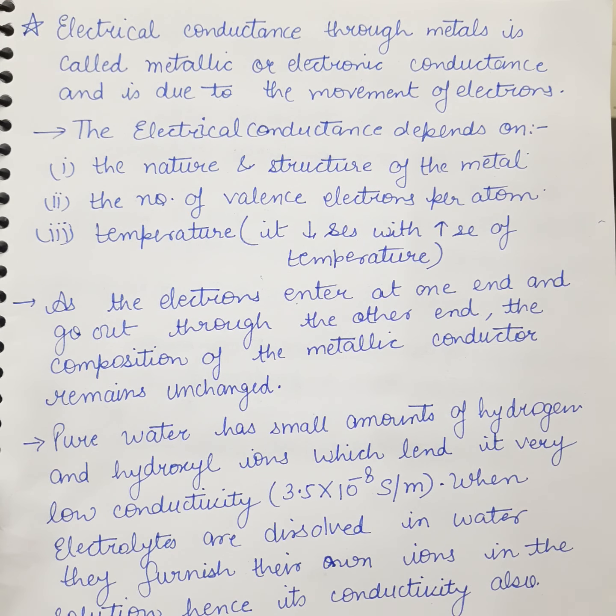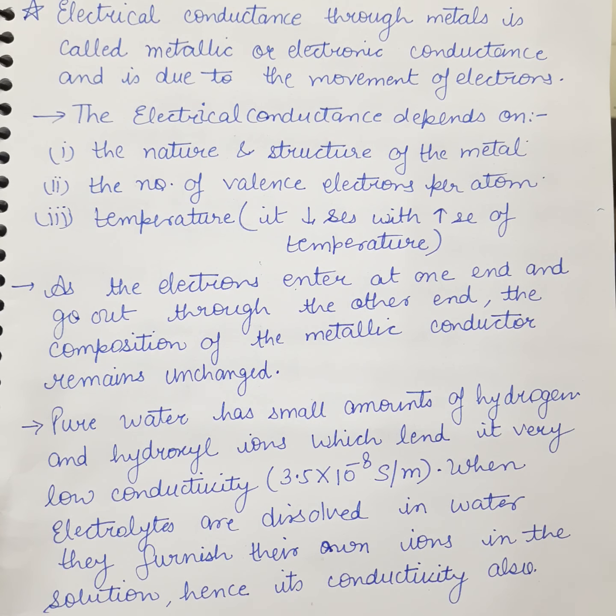Pure water has small amounts of hydrogen and hydroxyl ions. You know that Kw equals 10 raised to the power minus 14 molar. All right, so it has very low conductivity. When electrolytes are dissolved in water, they furnish their own ions in the solution.